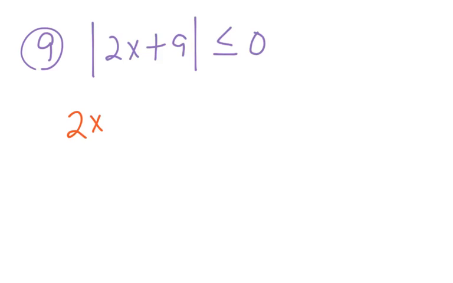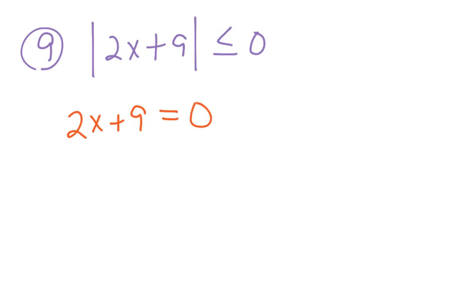All right, now I'm going to take the same problem and make it have a solution. So what's different here? Well, hopefully you notice now I have a less than or equal to. Now, I can find the value of x that I can plug into the expression 2x plus 9, take the absolute value, and it could be a true statement. So all I have to do is take 2x plus 9, set it equal to 0.